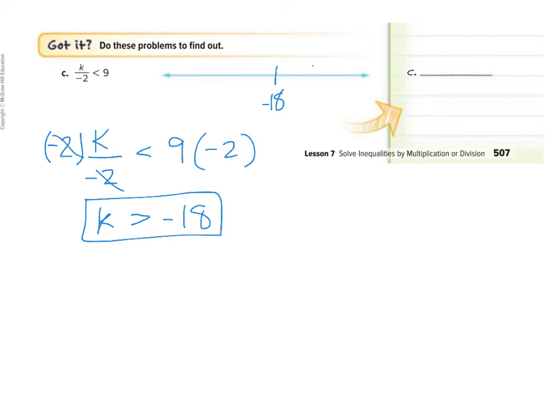Negative 18, negative 17, negative 16, negative 19, negative 20. And it doesn't get filled in, it's just a circle. And since it's greater than, I'm going to go this way. Negative 17 and negative 16 are greater than negative 18.